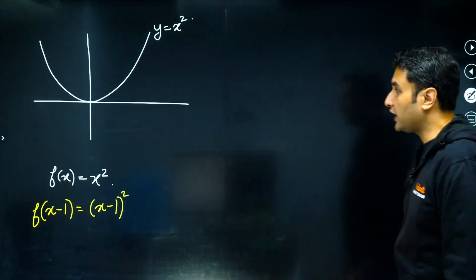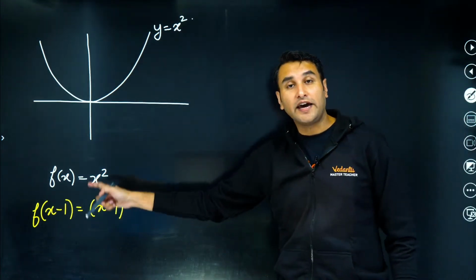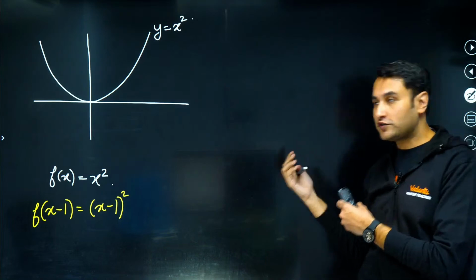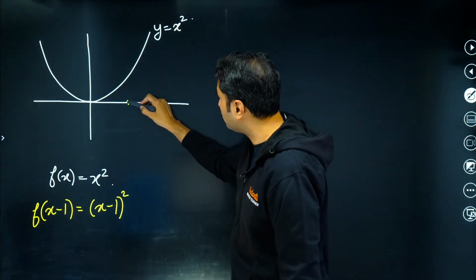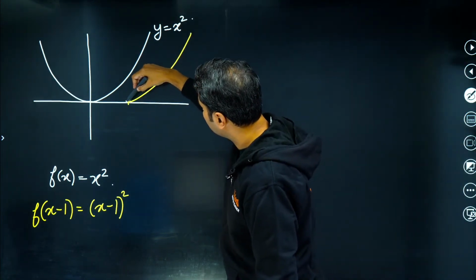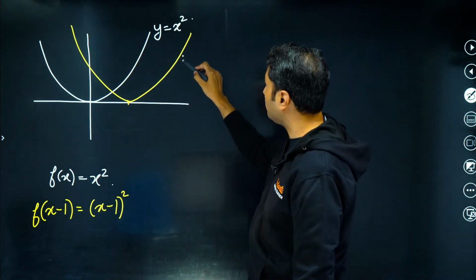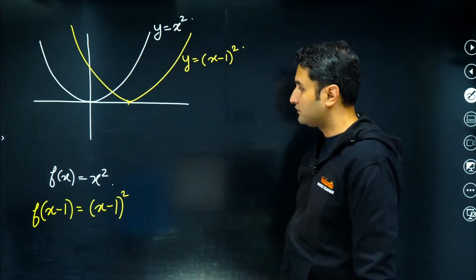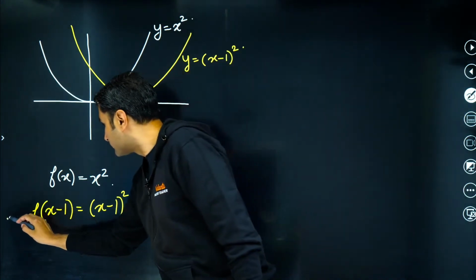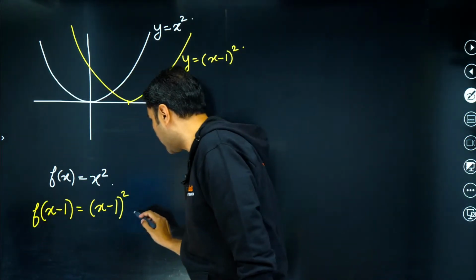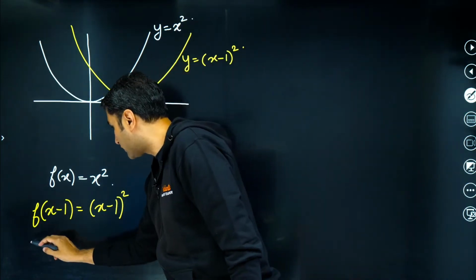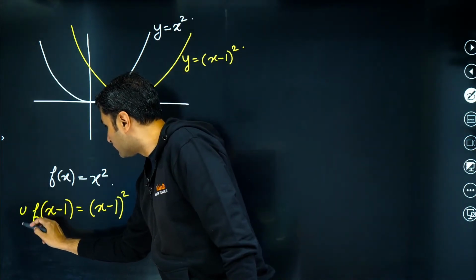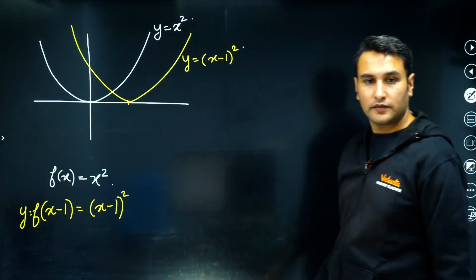How will the graph look? Exactly the same way: x minus 1, 1 towards the right. So this is the graph of y is equal to x minus 1 ka whole square, right? Clear?